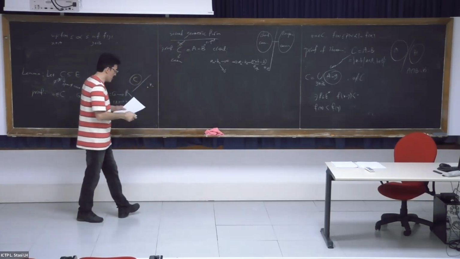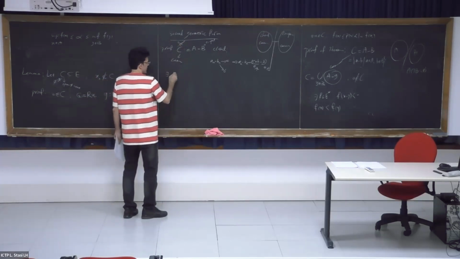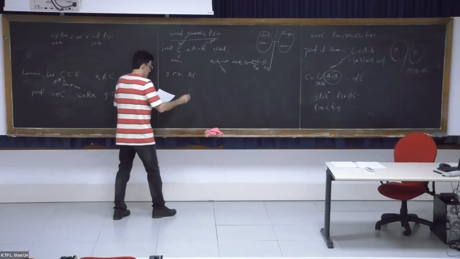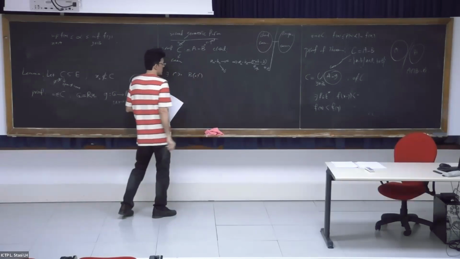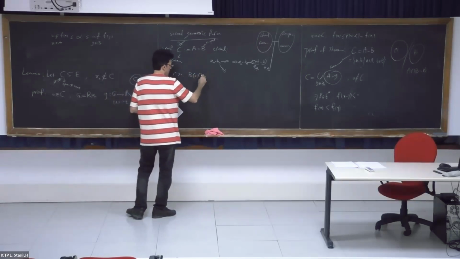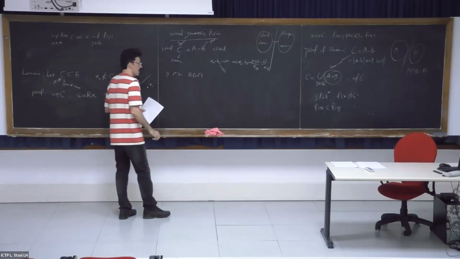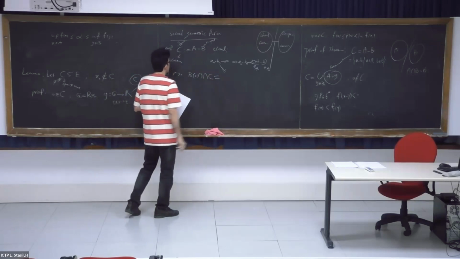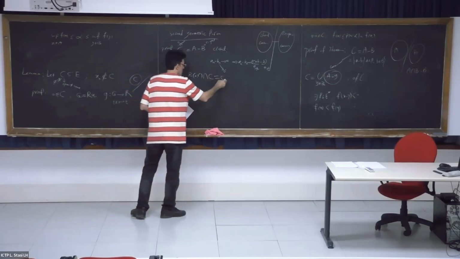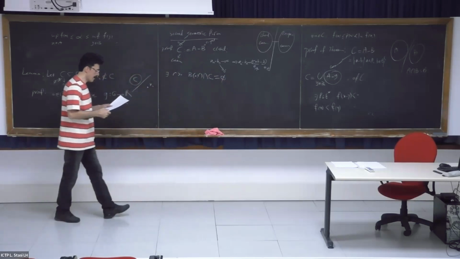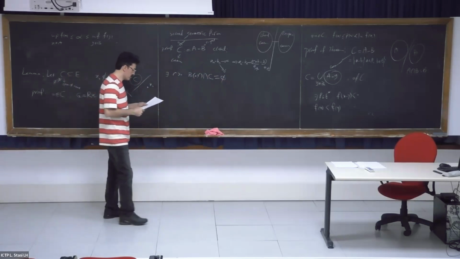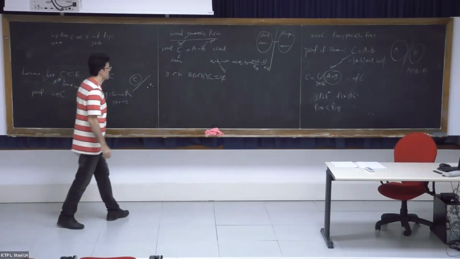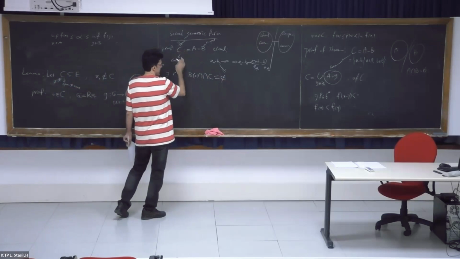By this, there exists a positive r such that the ball B of 0 and r has empty intersection with C, because 0 is not in C and C is closed.